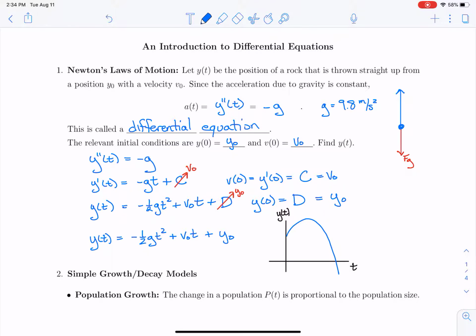You just have to anti-differentiate. So let's look at some more complicated models. In order to motivate new types of differential equations, we're going to look at other types of models, and we're going to turn those words into equations again.